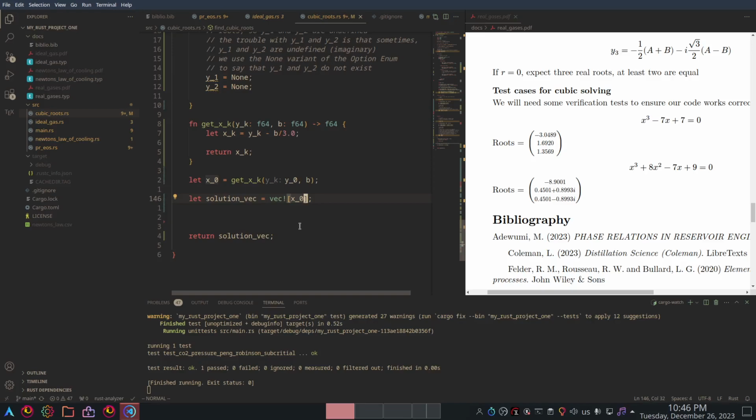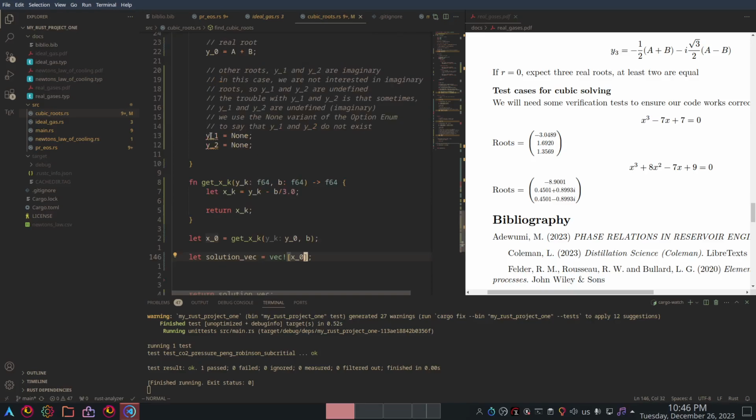Now, if y1 and y2 are None, then we do not add anything to the solution vector, which means we only have one real root. If y1 and y2 have some real value, then we need to add that value into this solution vector.